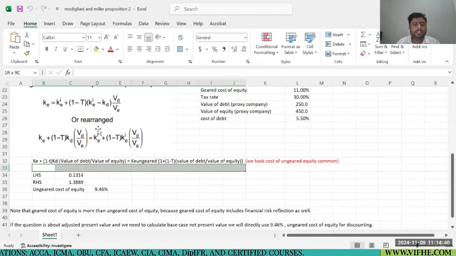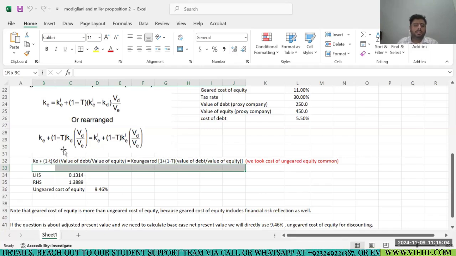Ungeared cost of equity is present over here and it is present over here as well. So I take ungeared cost of equity common. If I take ungeared cost of equity common, I have 1 plus (1 minus T) multiplied by value of debt over value of equity.